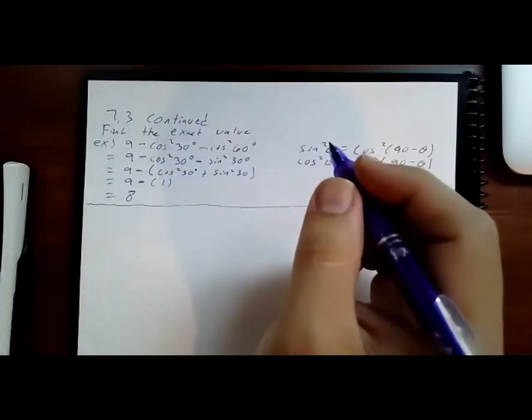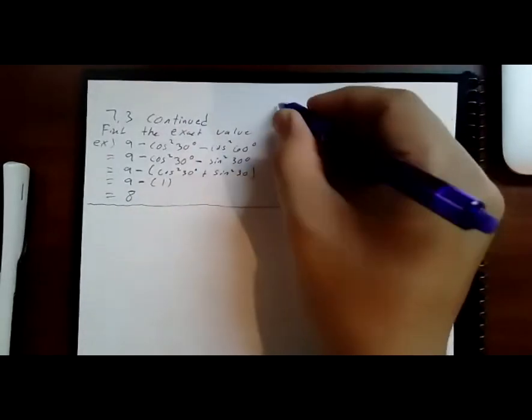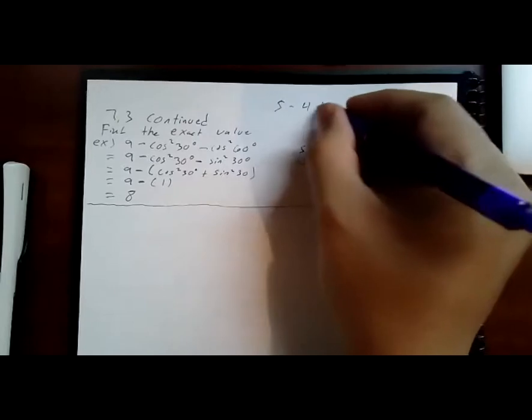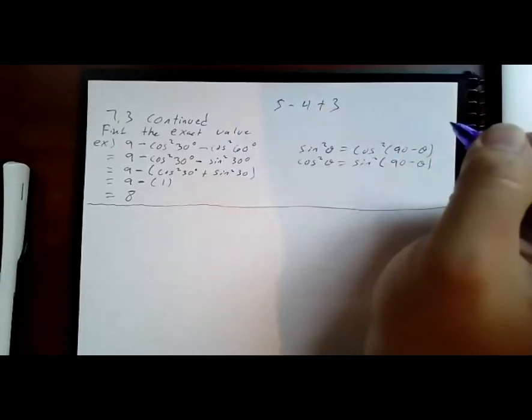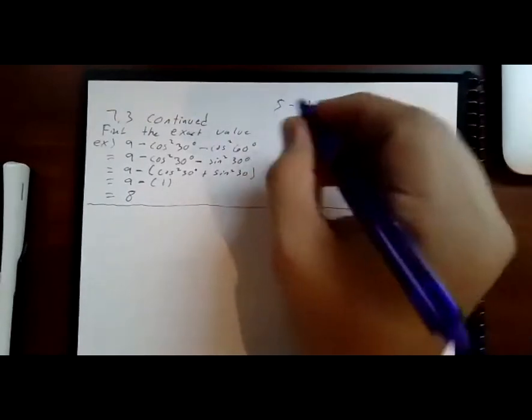Okay, well, let's use a different example, make it simpler. Let's say you had, I don't know, 5 minus 4 plus 3, right? We know that answer, correct? But let's pretend we didn't.